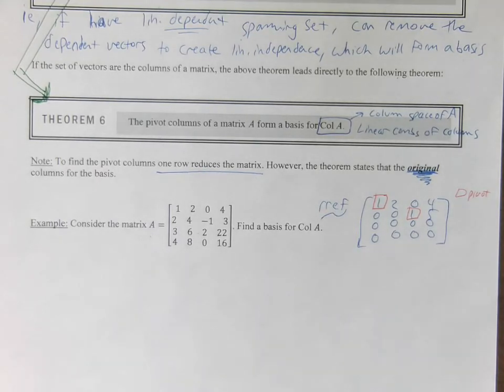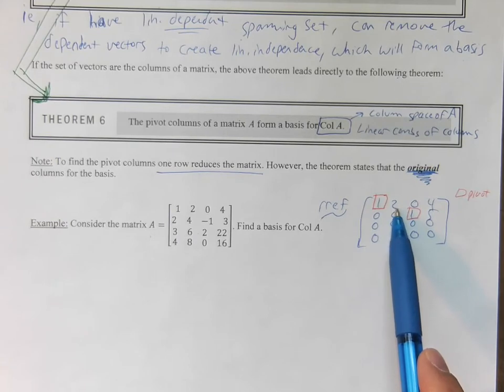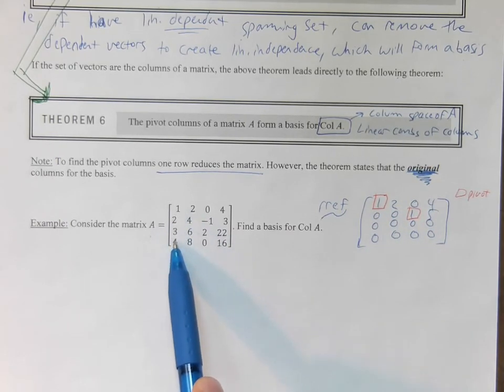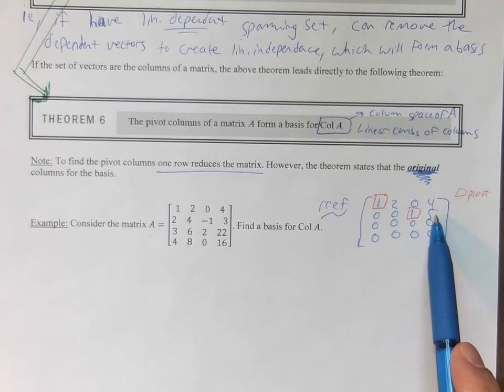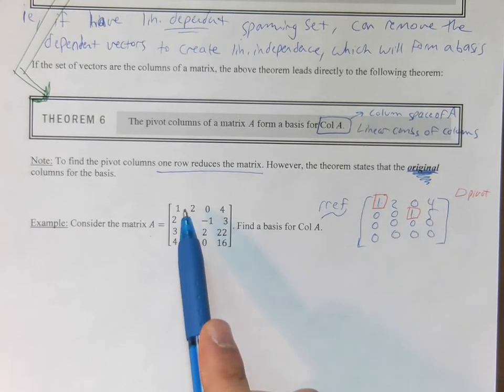The way you can think about this 1 and this 2, it's saying the second column is 2 times the first column. And you can see that here: if you multiply the first column by 2, you get the second column. This is a slightly more complicated collection. It's saying 4 times the first column plus minus 3 times the second column gives you the fourth column.